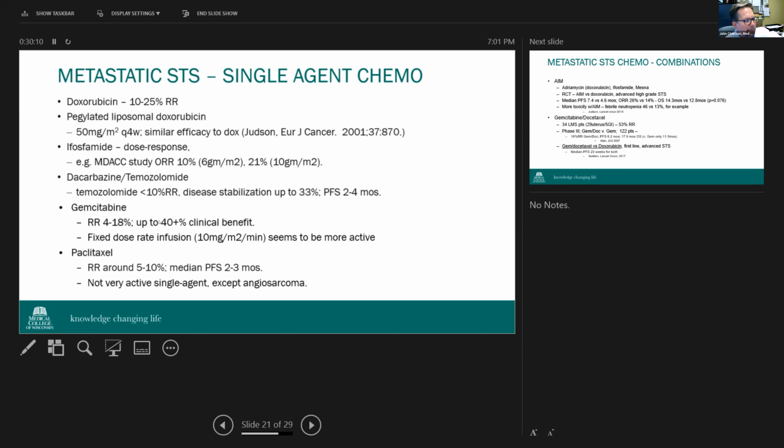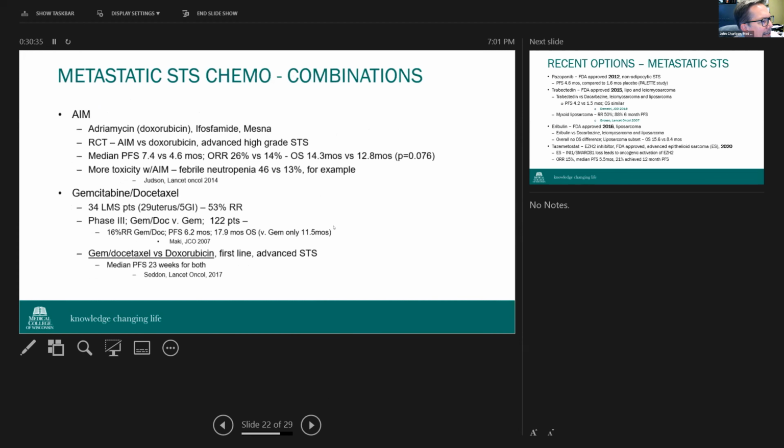You can see a 40+% clinical benefit rate on one trial with gemcitabine. So that's stable disease plus shrinkage for a period of 6 months. There's room for improvement, and there's some treatment benefit left to be desired here with soft tissue sarcomas, I would say.